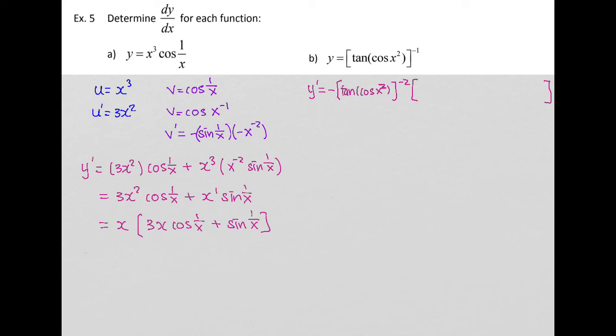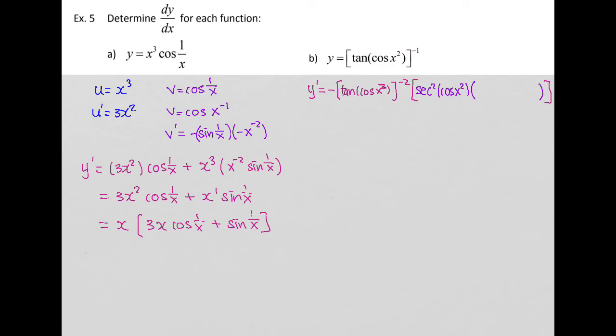And the next thing we see is differentiation of the tangent. So differentiation of tangent is secant squared. So we write down secant squared and copy down the angle, doesn't change it. And then you do a big purple bracket. That means differentiation of the angle will go into the purple bracket.